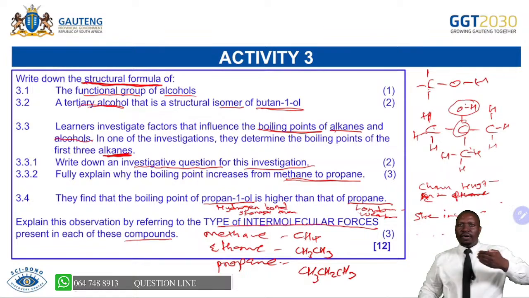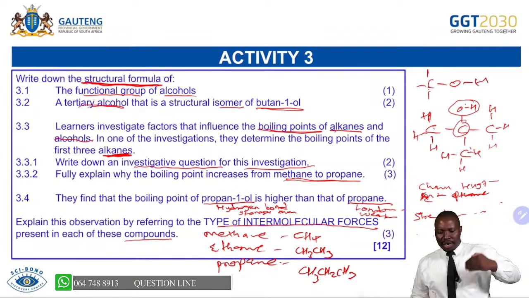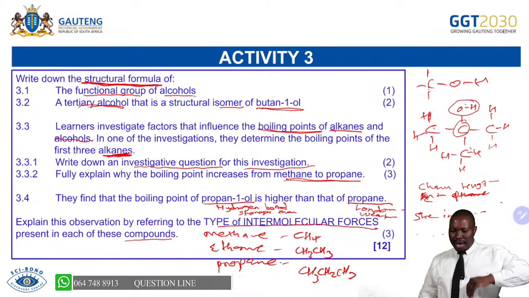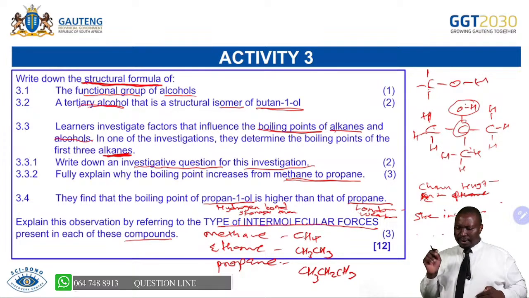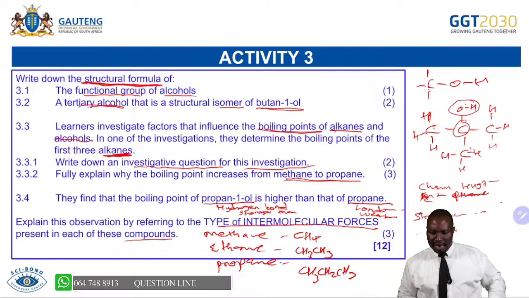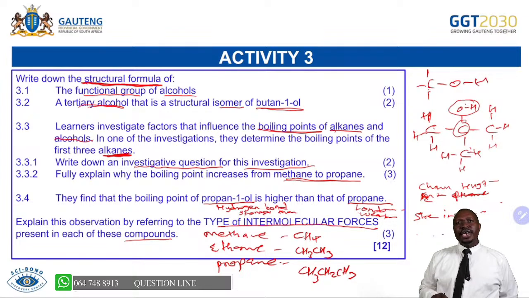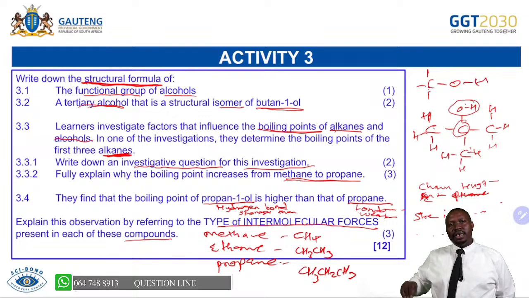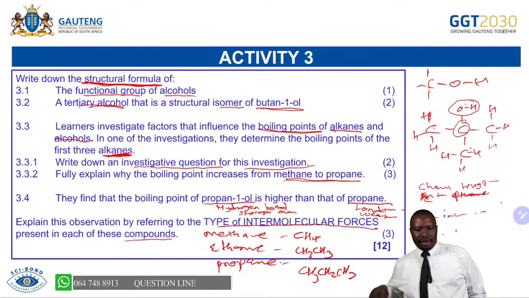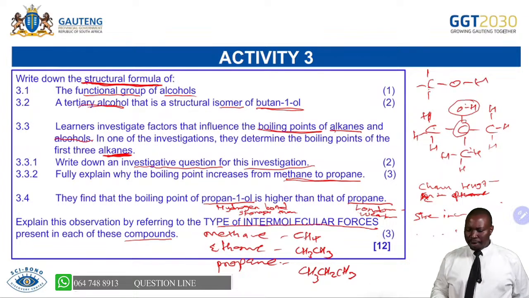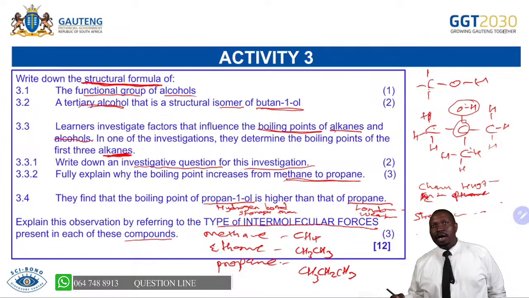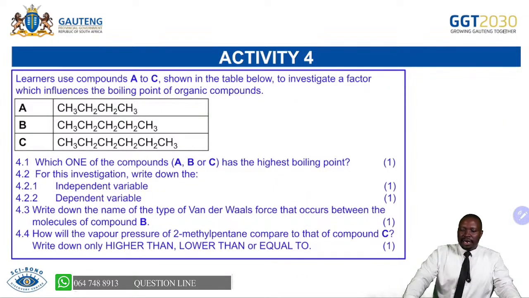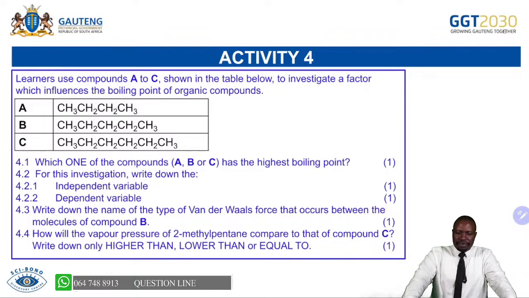When it goes to the strength of intermolecular force, you're going to say propan-1-ol has stronger intermolecular force than propane. More energy is required to overcome the intermolecular forces in propan-1-ol than in propane. You are comparing. So you can just simply dice it, and then you got your 12 marks, and you are a happy person. Now let's move to question 4, activity 4.